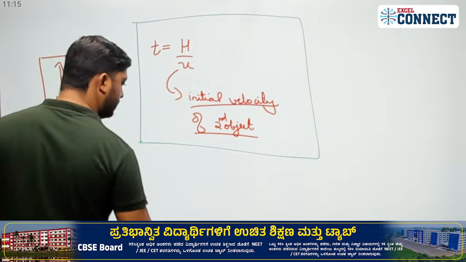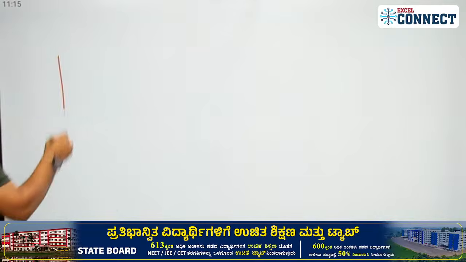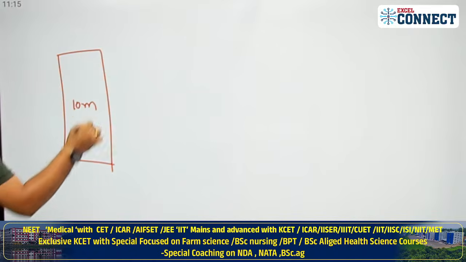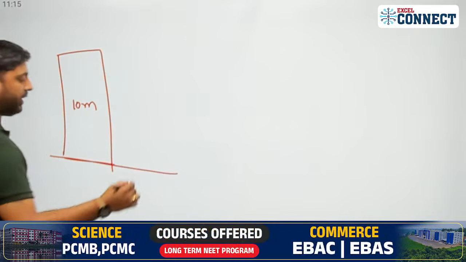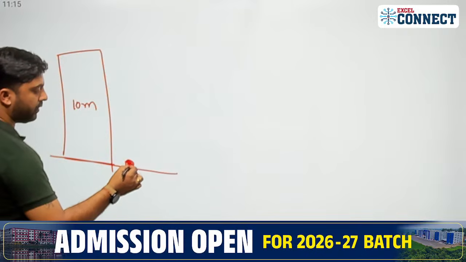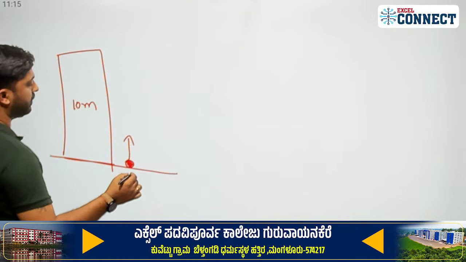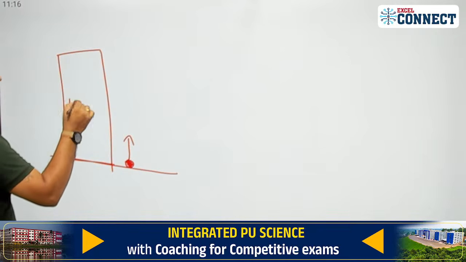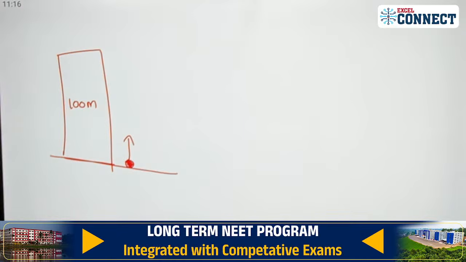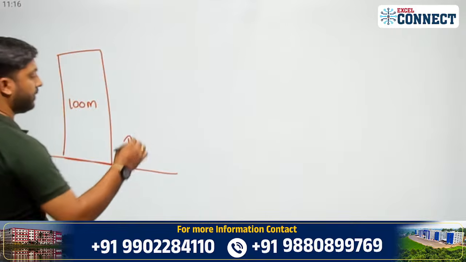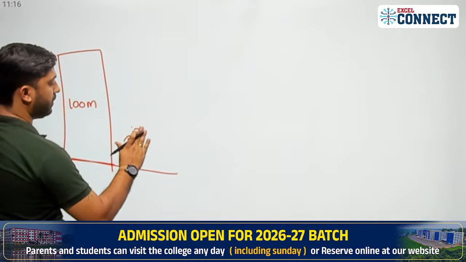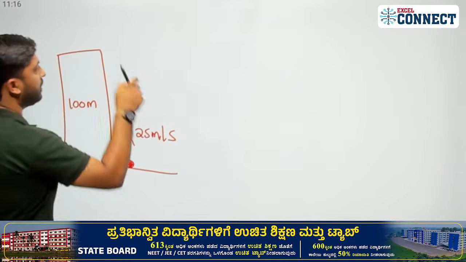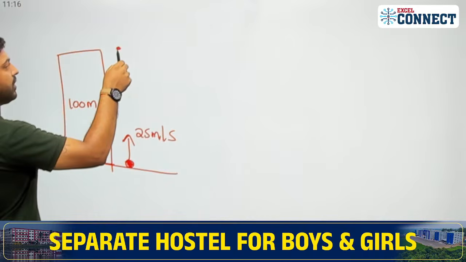So suppose there is a tower of height 100 meter and you have thrown an object with a speed of 25 meter per second and the first object is dropped.